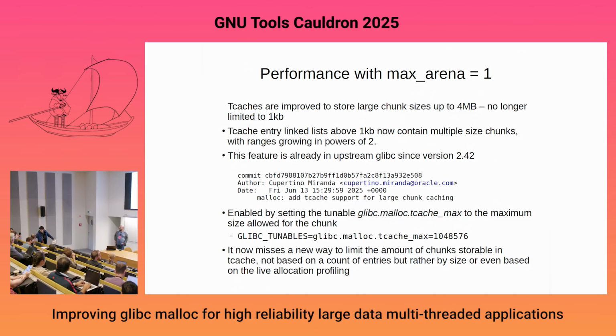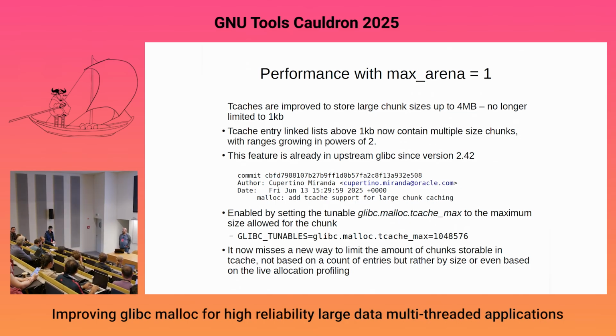There's a question. So why not make the new tcache max the default? What's the drawback? Just because the strategy now is not good enough.